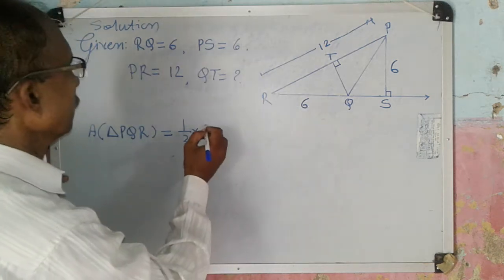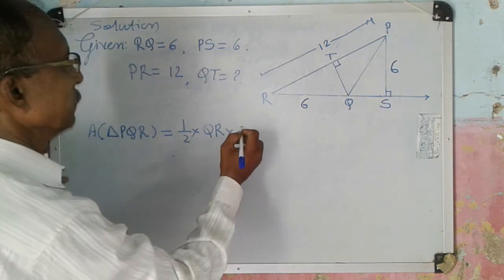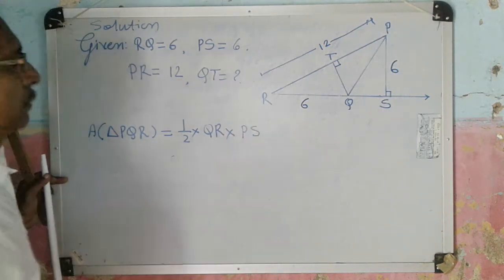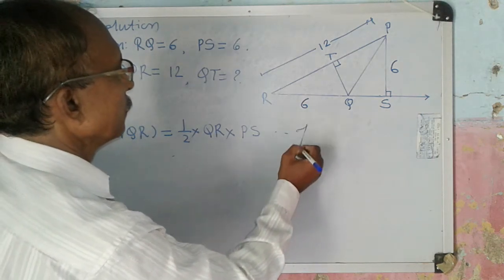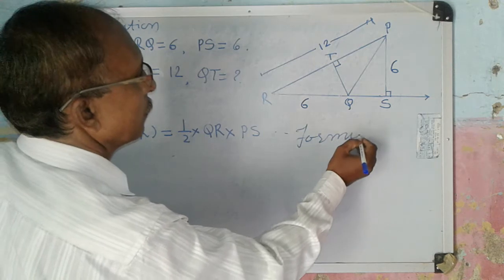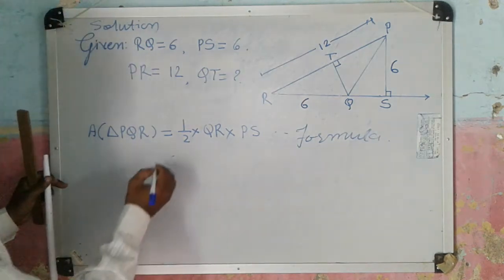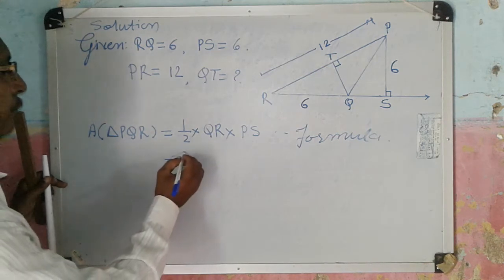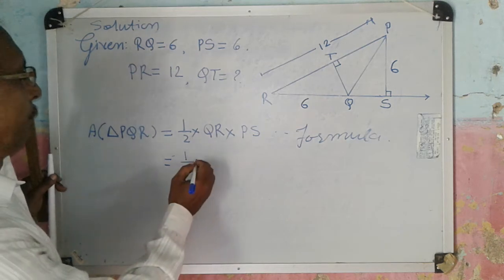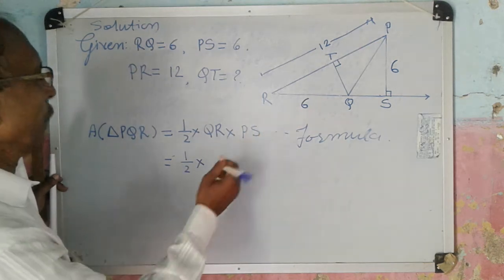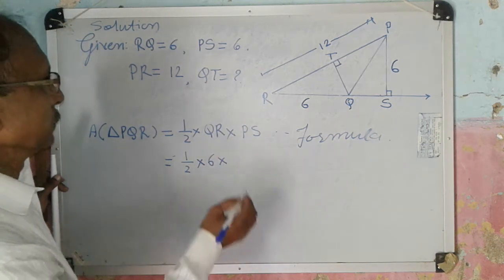Area of triangle is one half into base QR into height PS. This is the formula. Now put values. One half into QR 6 into PS 6.